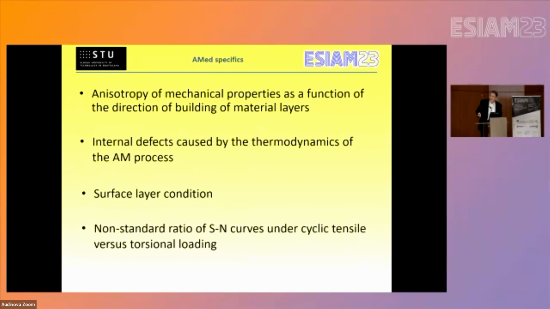Anisotropy is first, during this build process. Second is the internal defect and the orientation of this defect in comparison with the main stresses. This is very interesting and important. Also the surface layer, and then the non-parallel line in tension and torsion. This is a very big challenge for creating new multi-axial fatigue criteria.